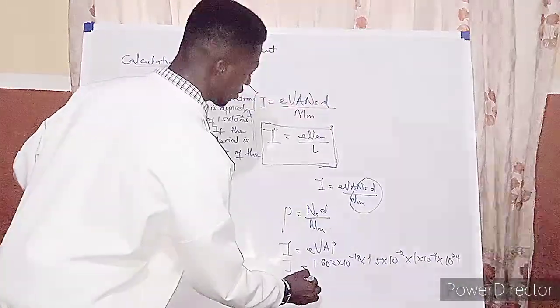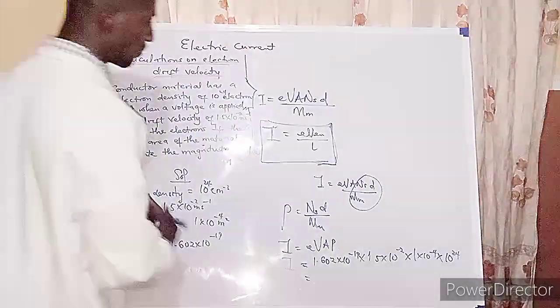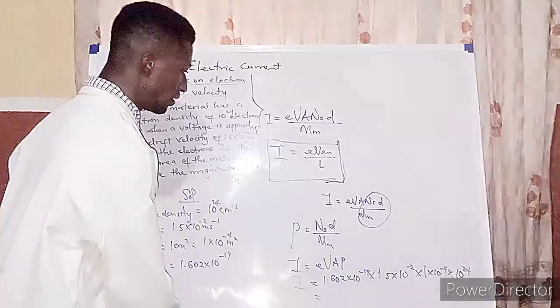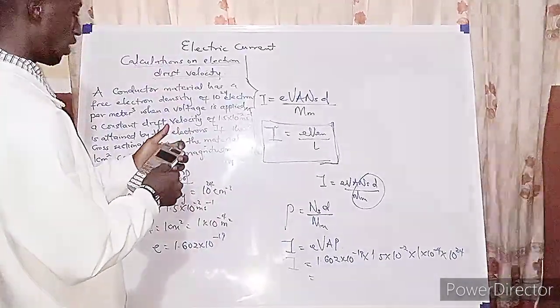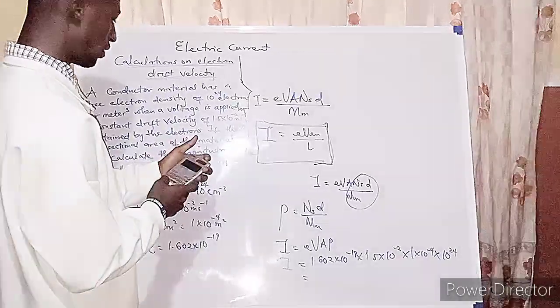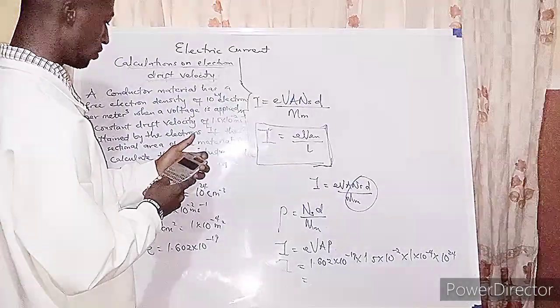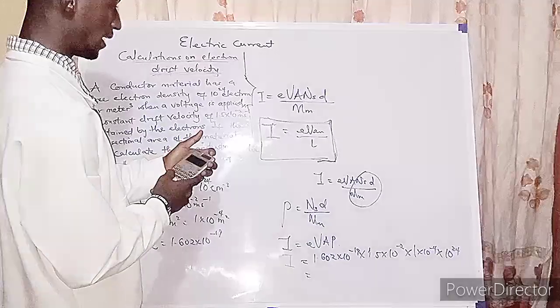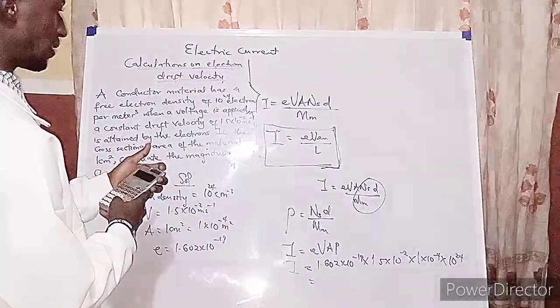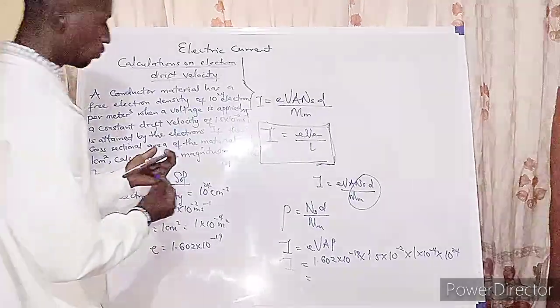So let's get what our current is. Just multiply everything out, and you deal with the powers later. We have 1.602 times 1.5 times 1 times 1, and that has to be 2.4.